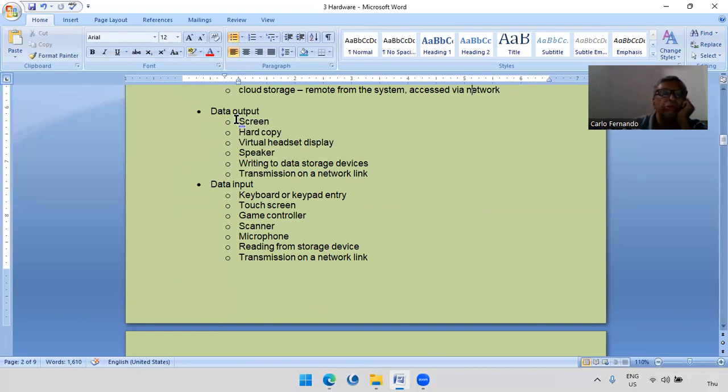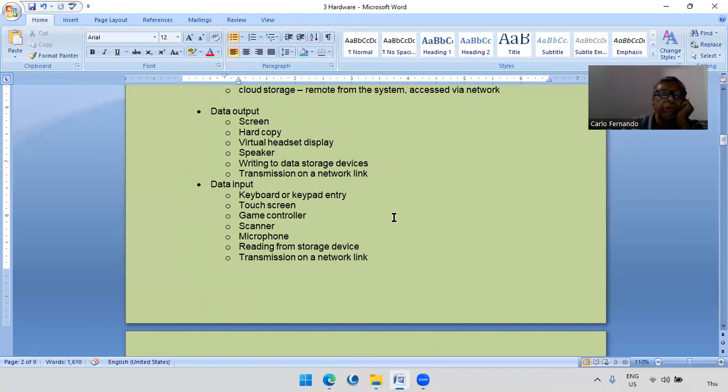Let's look at it from the system, from the memory. The screen is going out. Hard copy is going out to a printer. On the virtual headset display, the processor will give you the details on a headset. Sound will come out from the speaker of the computer.